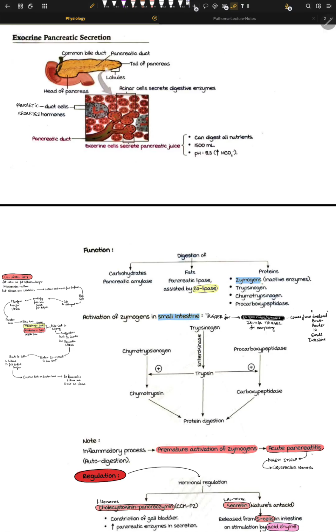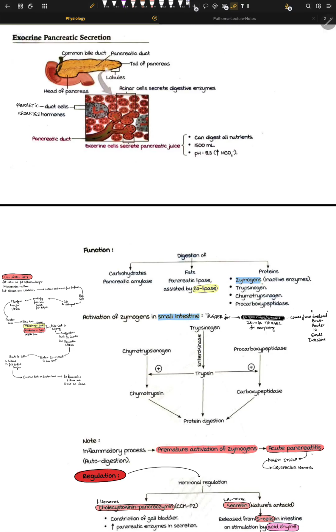Here we will read about acinar cells, and whenever we read about acinar, it means exocrine. Saliva is also produced by acinar cells. These acinar cells secrete gigantic digestive enzymes called amylase, lipase, trypsinogen, and so on, into the pancreatic duct. This pancreatic duct is connected to the duodenum.